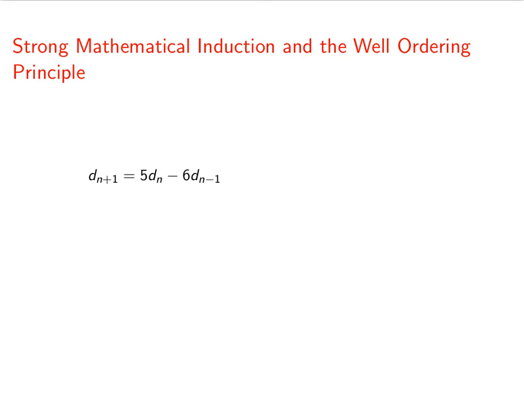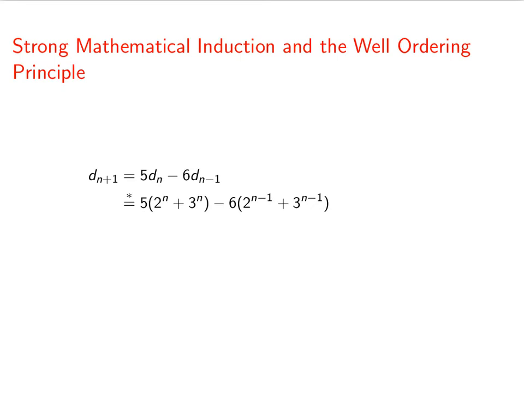All right, let's see if we can say something about d sub n plus 1. According to our recursive formula, that's equal to 5 times d sub n, that's the preceding term, minus 6 times d sub n minus 1, that's the term 2 before. Now, here's the key idea.